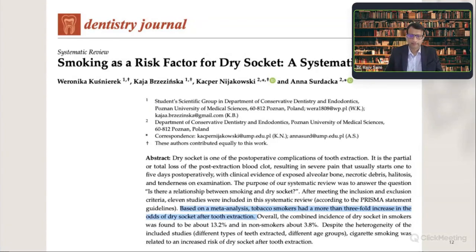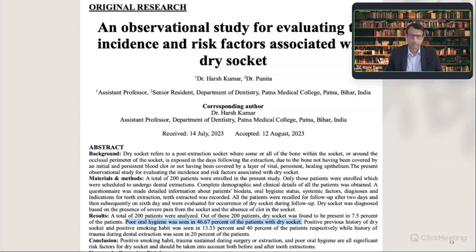So we can understand there is a threefold higher risk of developing dry socket. Another risk factor is poor oral hygiene, and it's one of the major risk factors for dry socket. 44% of patients who report dry socket usually have poor oral hygiene.